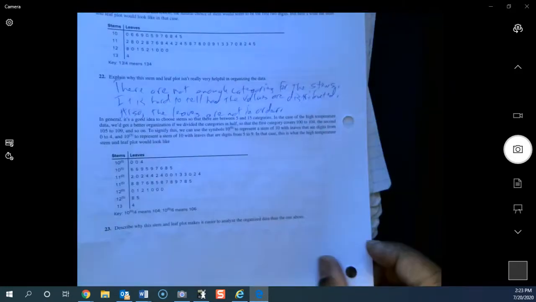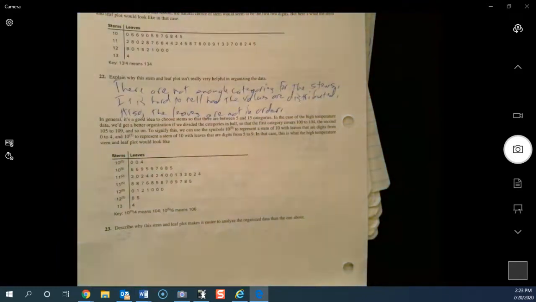Okay, now, it says, in general, it's a good idea to choose stems so that there are between 5 and 15 categories. In the case of the high temperature data, we get a better organization if we divided the categories in half, so that the first category covers 100 to 104, the second 105 to 109, and so on.